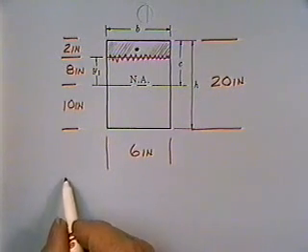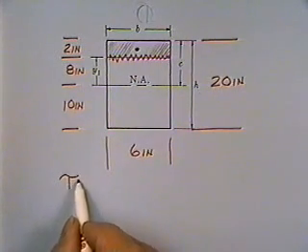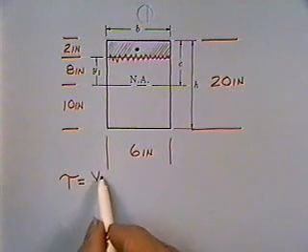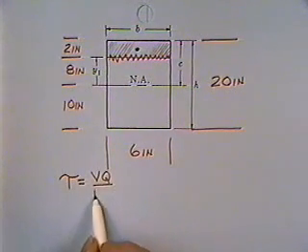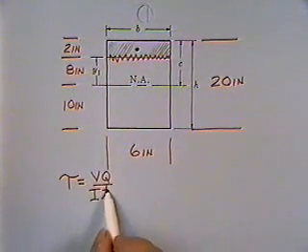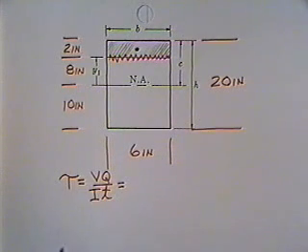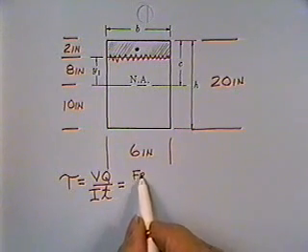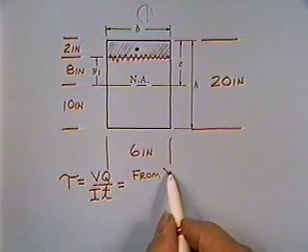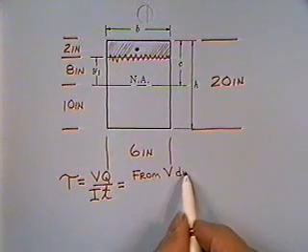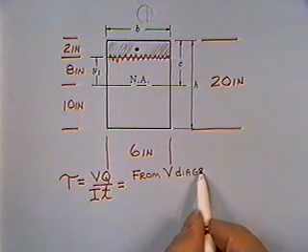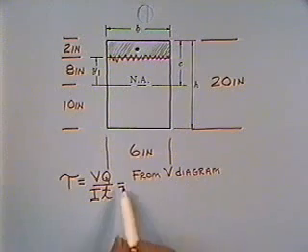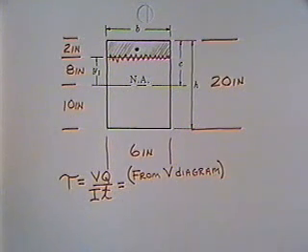I calculate the shearing stress is equal to VQ over IT. The shearing force I'm just going to write from the shear diagram, because we'll pull it off of the shear diagram, whatever we get.